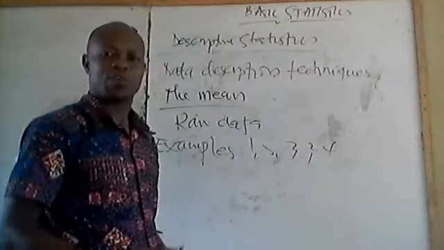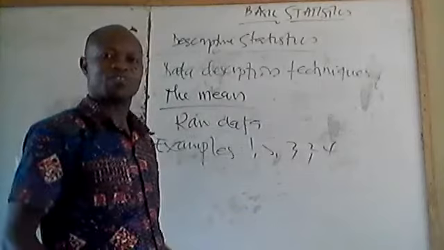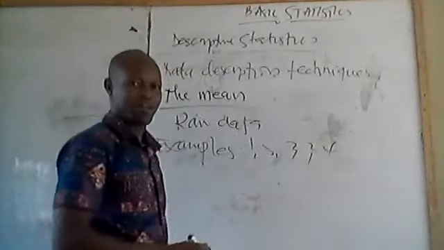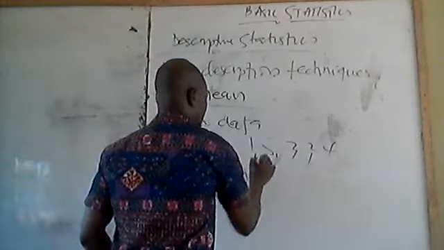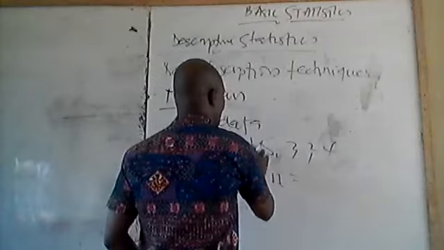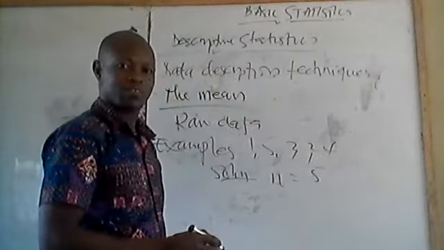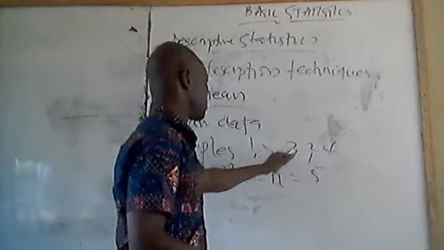We are to calculate the mean for this data. What we do simply is take the sum of all these numbers and divide by their total number. Solution: our n is 1, 2, 3, 4, 5, so n is equal to 5. That's the total number of observations in the data set.